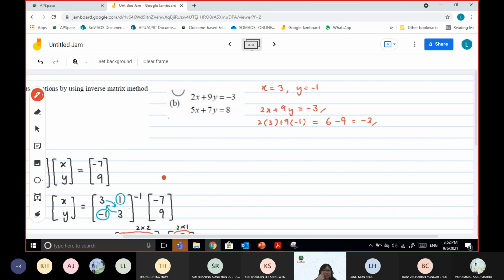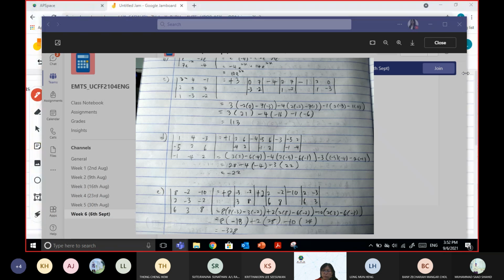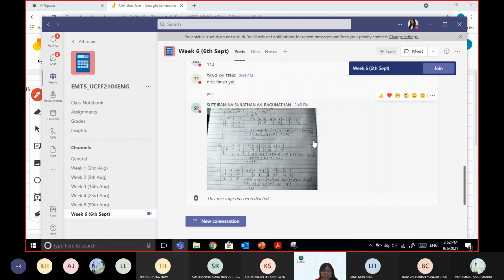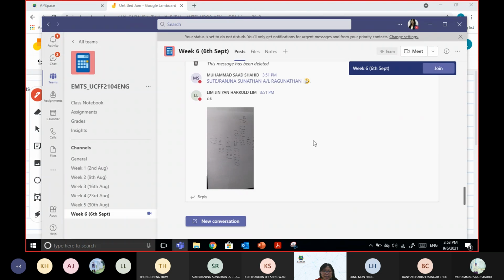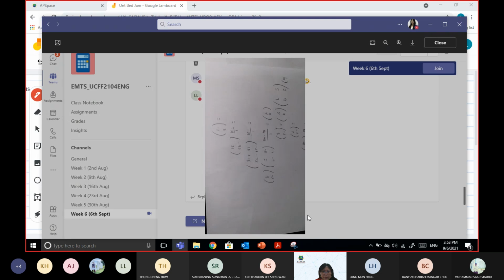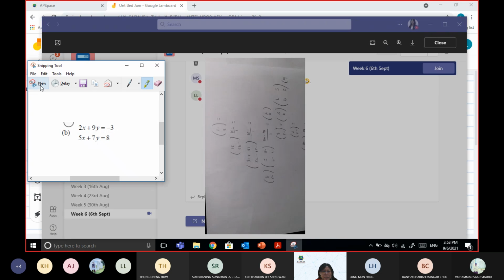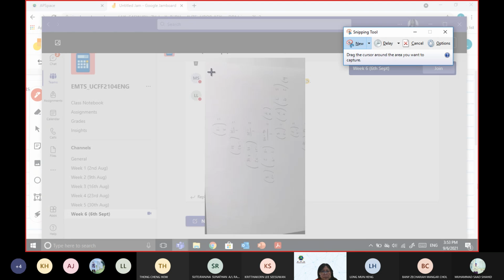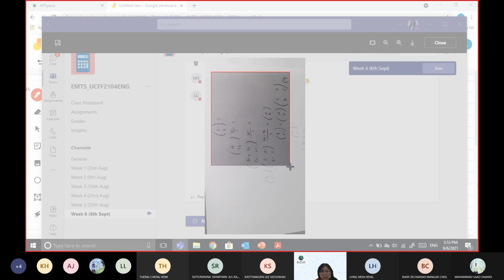Because I know the calculation for 3 by 3 is more complicated, we may need to repeat a few times until you really understand it. Okay, so this is the solution.